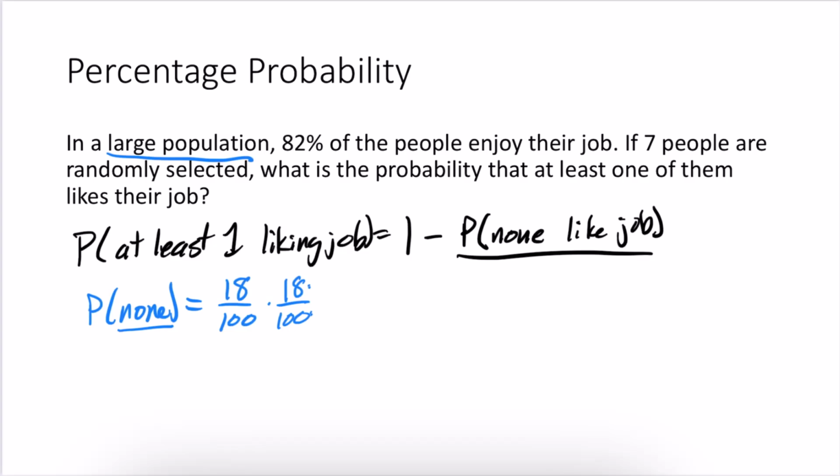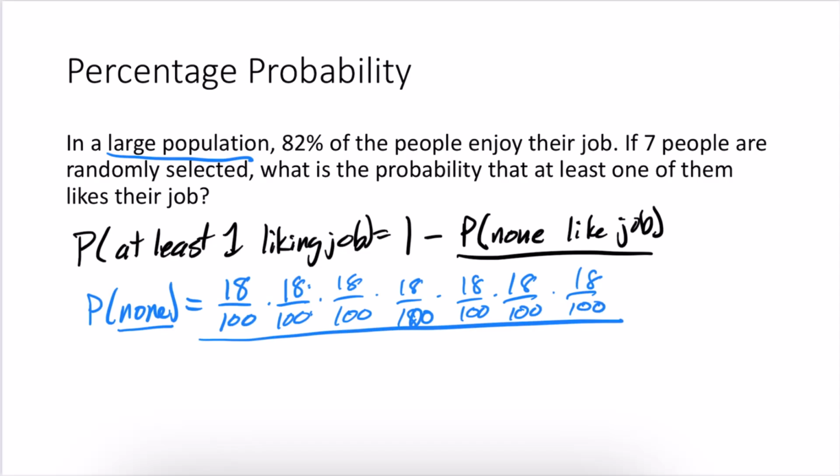Then I'll have 18 out of 100 for my third one. My fourth one is also 18 out of 100, and 18 out of 100, 18 out of 100, and 18 out of 100. So if I multiply all of these together, that's going to give me the probability that if I choose 7 people, none of them like their job.